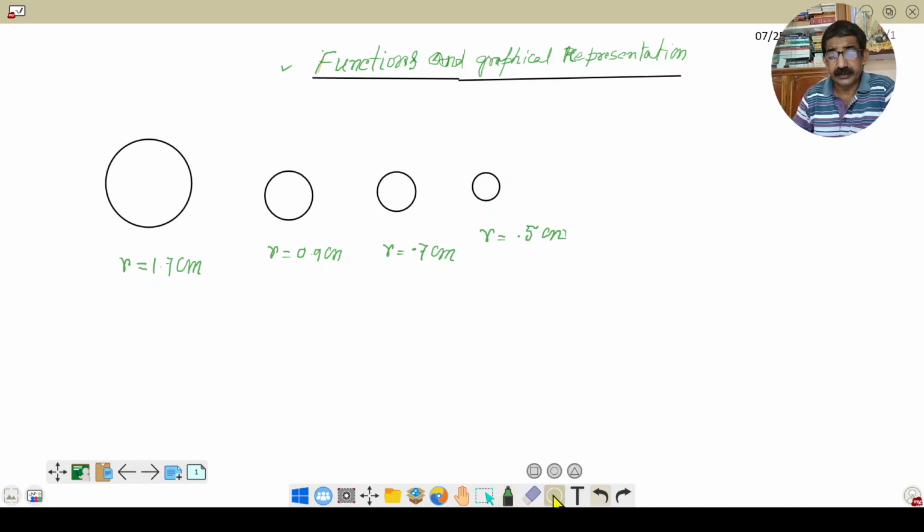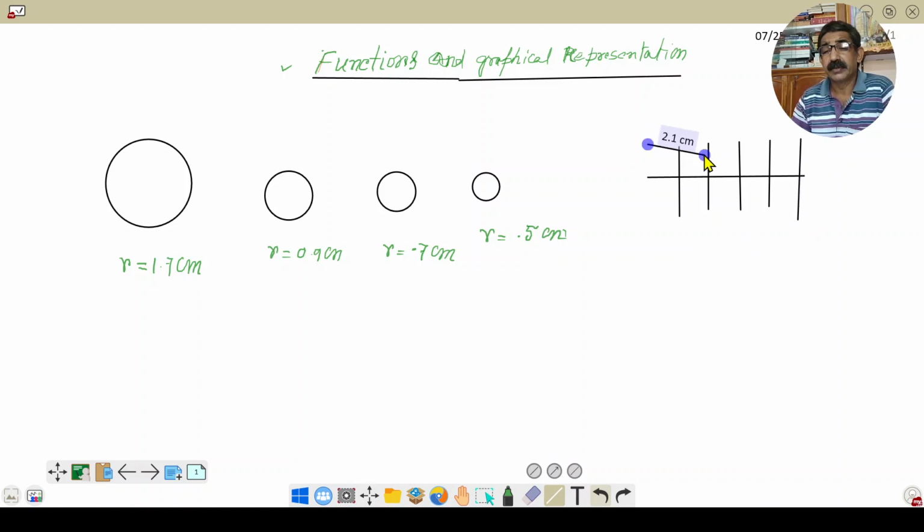Now, if we take this information in this manner, suppose this is a chart, just a very simple chart, and this chart has been prepared to give this information in a more concrete way.